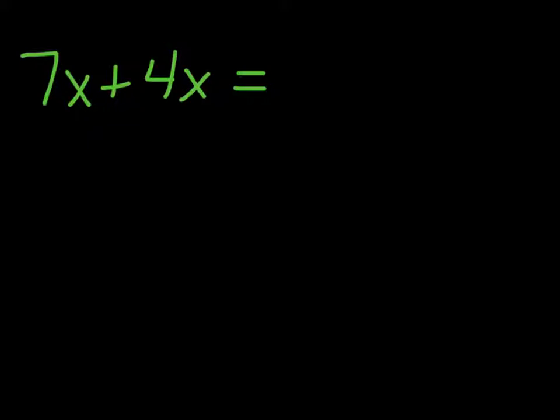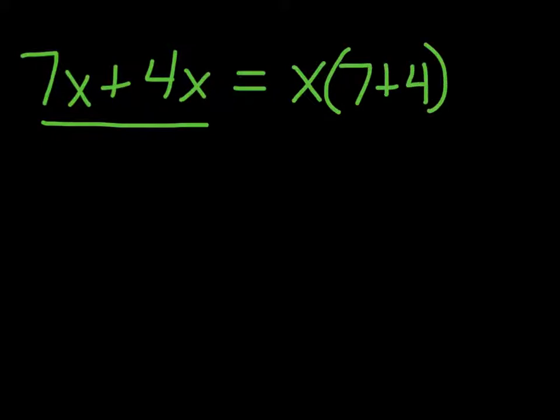Now let's learn how we use the distributive property to write an expression such as 7x plus 4x as a single term. We can take 7x plus 4x and use the distributive property to create a single term. We can remove the x and put 7 plus 4 in parentheses. These two things are equal, but we've gone from two terms to one term.